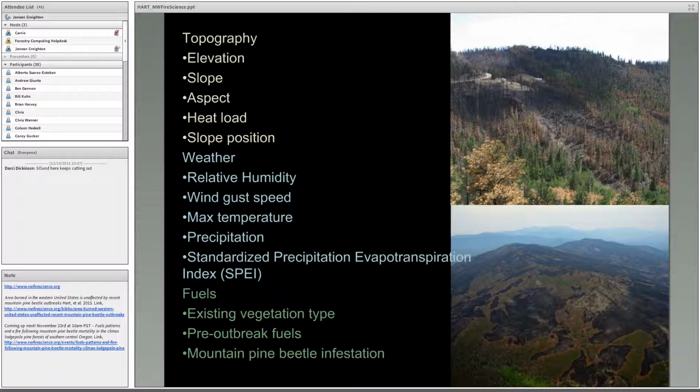To relate these predictor variables to our response variable, fire severity, I used a method called classification and regression trees, or CART. These variables were all put into a number of classification trees to find which variables were predicting fire severity across all of these fires combined.